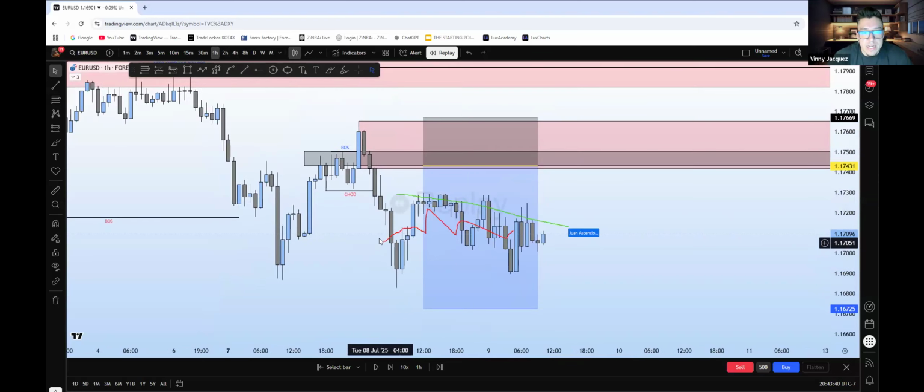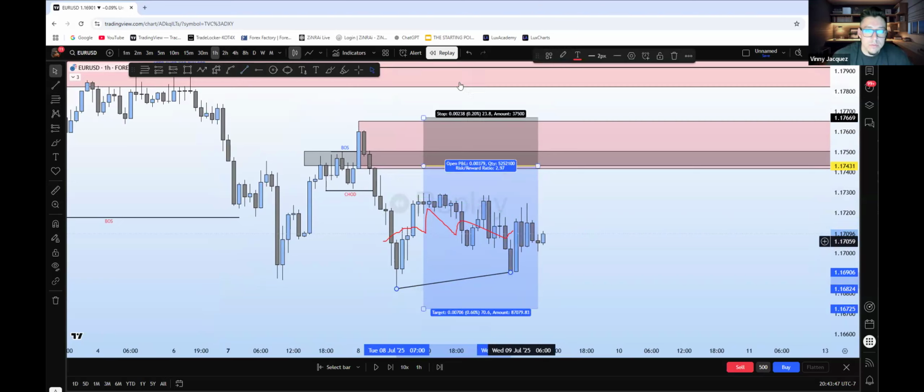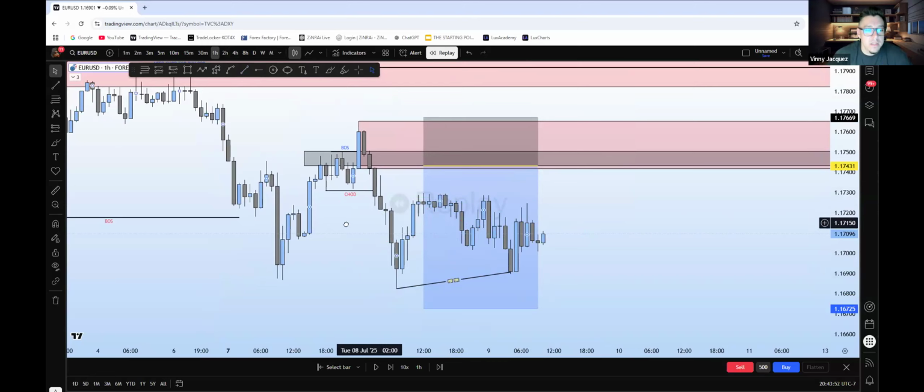Let's go. Y'all seen it. The one that I see right here is the equal low, the trend line liquidity. Whoever wrote this, if y'all can delete that, that'd be great.